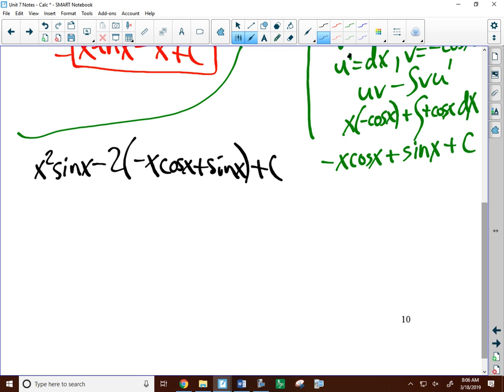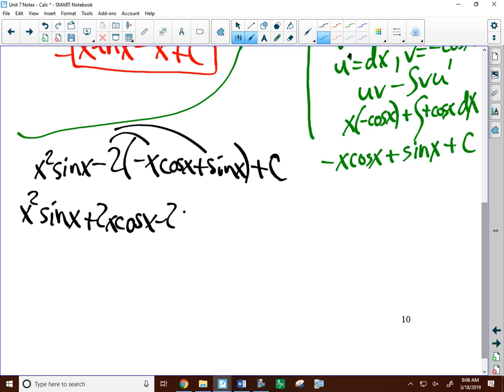Just throw the c on the outside, because you could say it's 2 times c, but c is any constant, so it doesn't matter. Last step I'm going to do is distribute the negative 2. So we get x squared sine x, and then a positive 2x cosine x, and then negative 2 sine x, and then plus c.